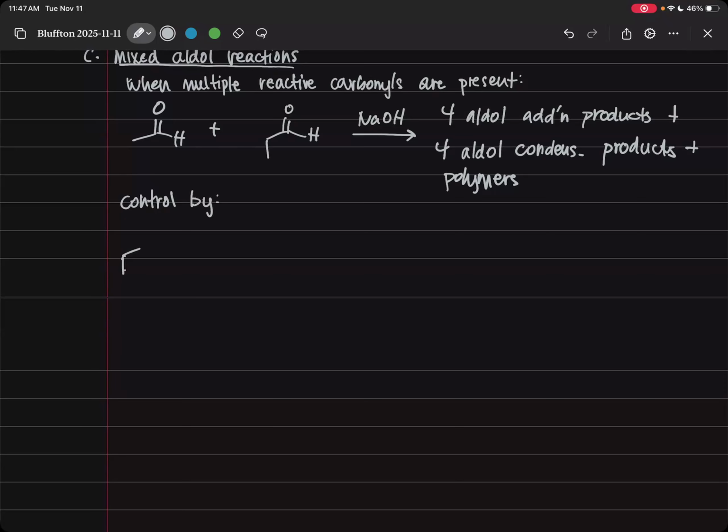You can, for example, use an aldehyde like that, which has no alpha hydrogens. So that can't form an enolate, but it can act as an electrophile. So by doing that, you've eliminated one of the possible reaction pathways that that molecule can go on. So it can only act as an electrophile.